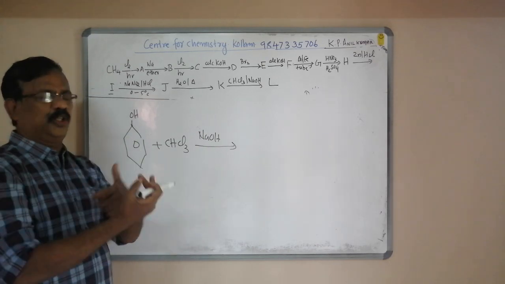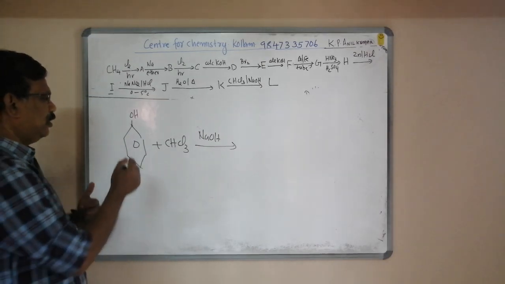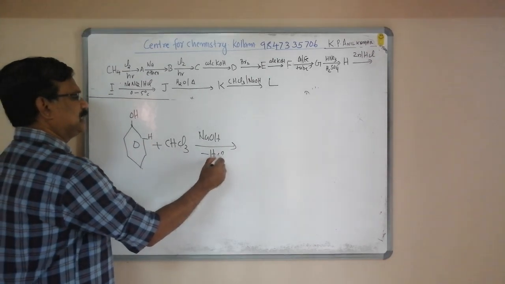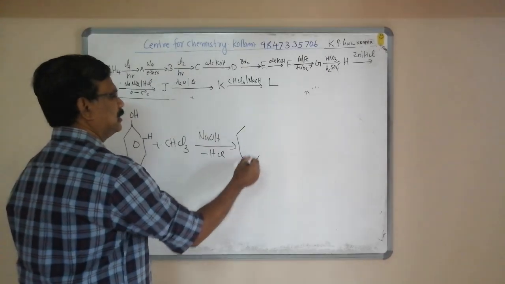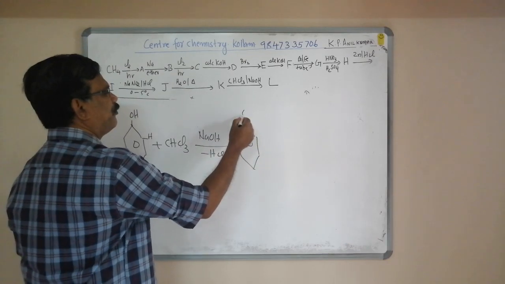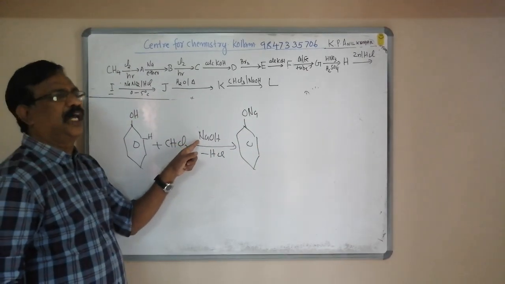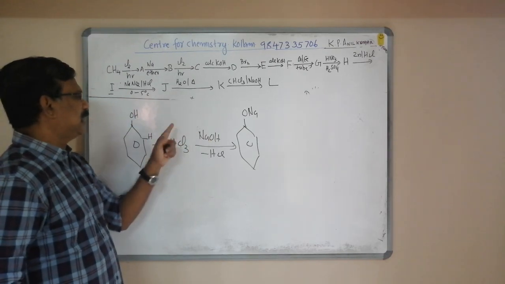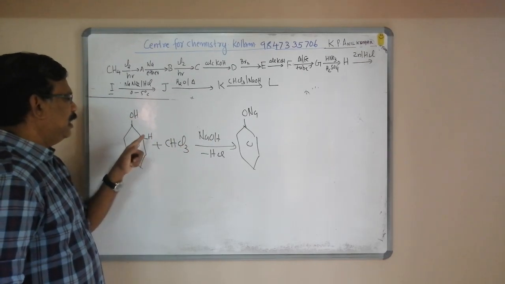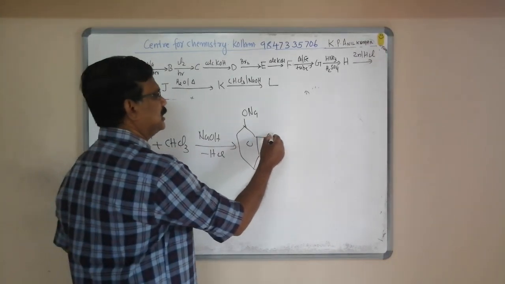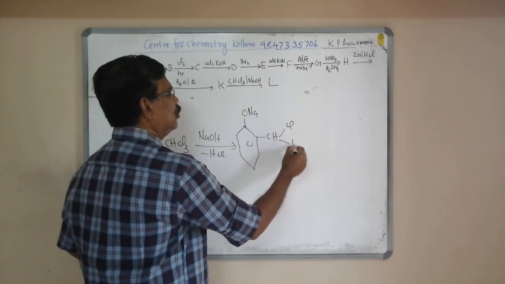So we can take the ortho isomer. H and Cl leave as HCl. First, OH is converted into ONa because the reaction is carried out in the presence of an alkali. H and OH leave as water, and OH becomes ONa. In the second step, H and Cl leave as HCl, and CHCl2 connects in the ortho position.